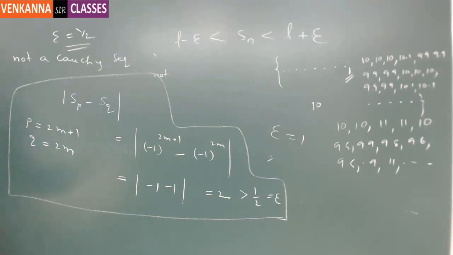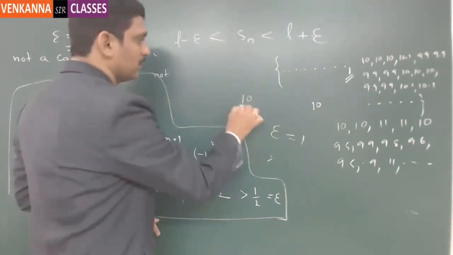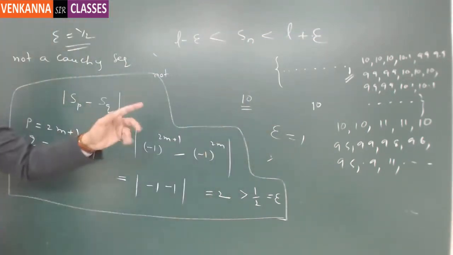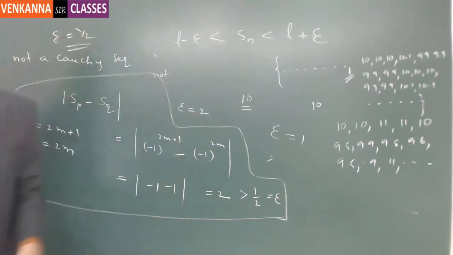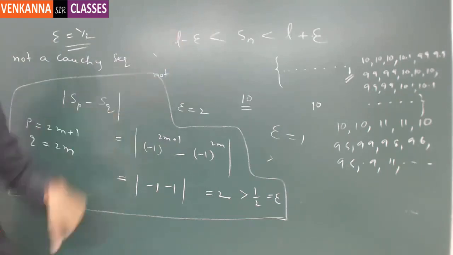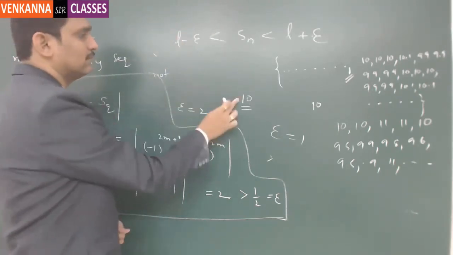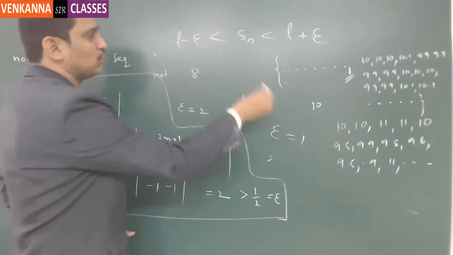If I say that 10 is the limit and you take epsilon bigger than 1, say epsilon equal to 2, what does it mean? All the terms in the sequence are becoming 10 minus 2, 8, to 10 plus 2, 12.